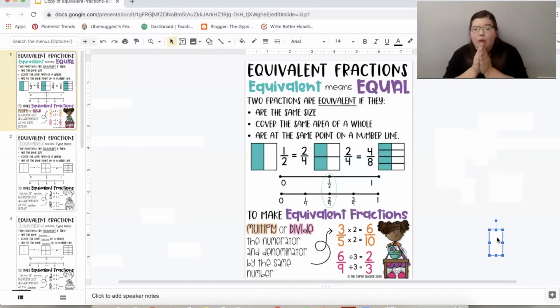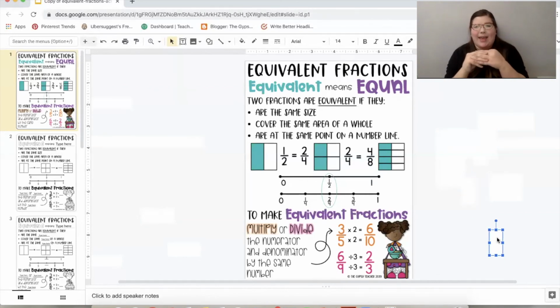So what did we learn today in our lesson? We learned that equivalent means equal, good. And two fractions are what? Equivalent if they are the same size, good. If they cover the same area of a whole, very good.